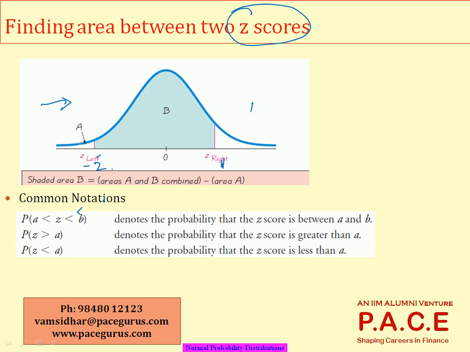Because the area of the entire probability density curve is equal to 1, I want to find what proportion of the total area lies between only this much. If I say z greater than 1, I need to find only this much area. If I say z less than minus 2, I am interested in only this area.